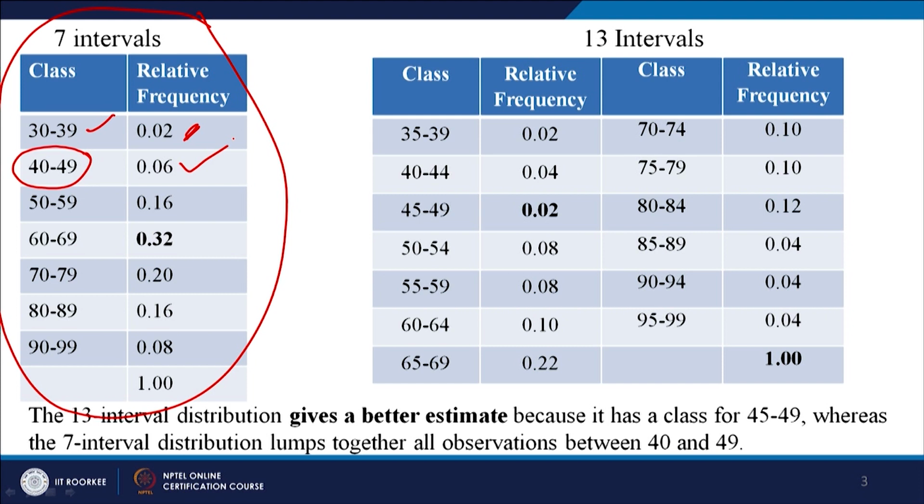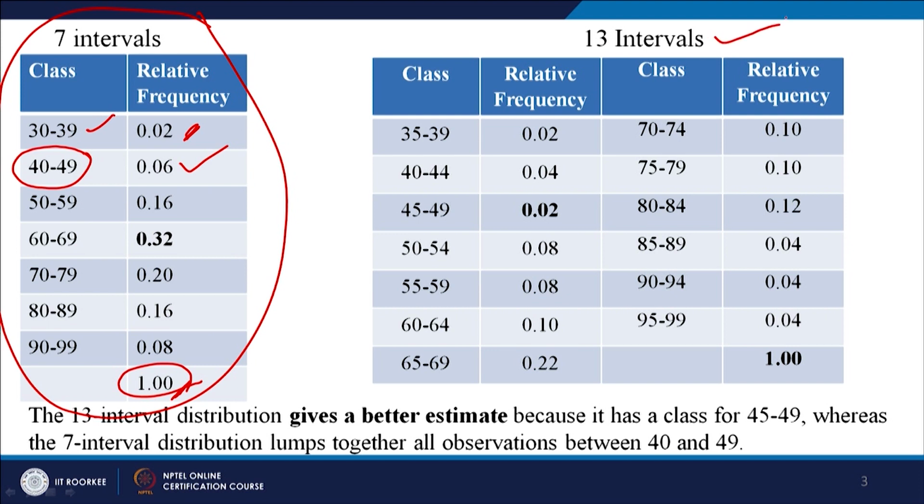How many class intervals? 7, right. So, first, second, third, fourth, fifth, sixth and seventh, and these are the relative frequencies, and this is the sum of all these relative frequencies. You have to keep in mind that this sum has to be 1 at the end of the day, right. So, this is the 7 interval relative frequency table, and let us prepare it for 13 intervals.